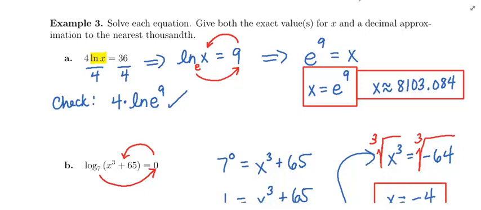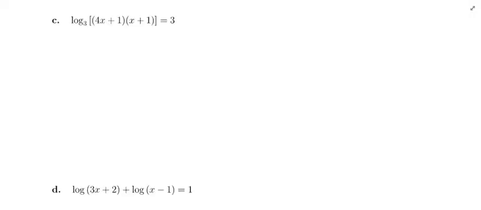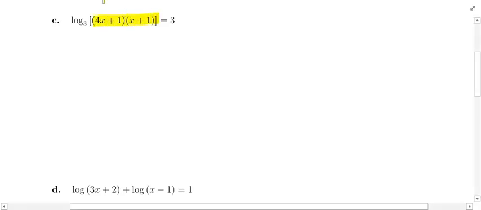Let's take a look at the equation in part C. We have log base 3 of 4 times x plus 1, that quantity times x plus 1. We're taking the logarithm of this entire quantity, and the logarithm equals 3.